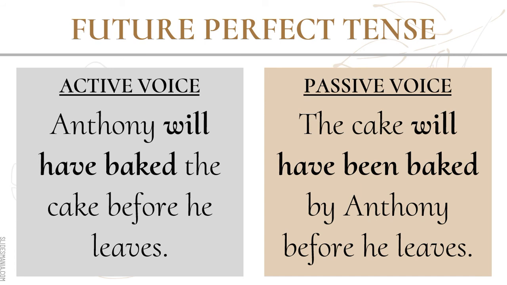And the notable use of the words will have denotes that the action is in future perfect tense. Future, meaning to say something that will happen after the issuance of the sentence, okay, or the statement, or in the future to be exact. Okay, Anthony will have baked the cake before he leaves.